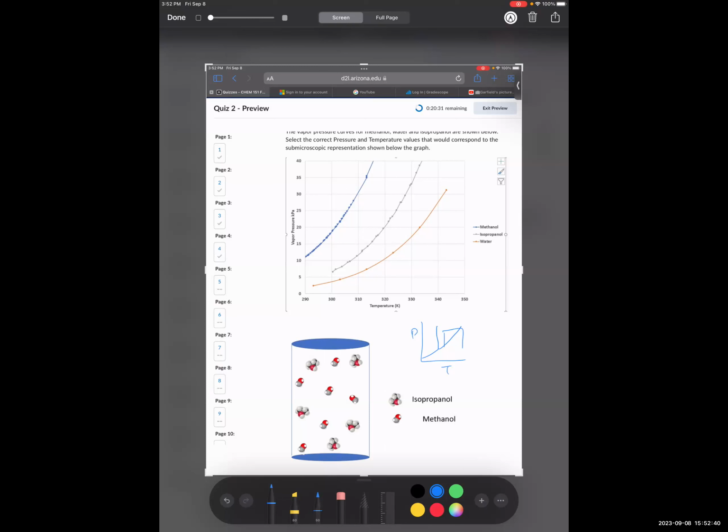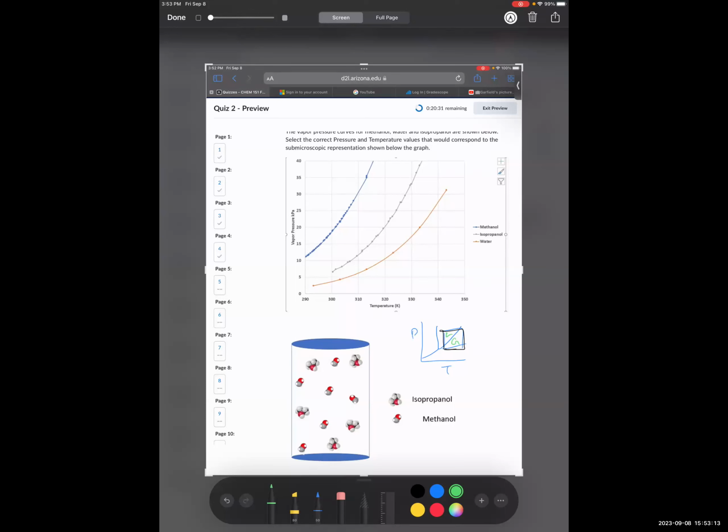So this is the vapor pressure curve, the liquid-gas boundary. Above this curve we have the liquid and below you have the gas. That's all you need to know here. If all of my substances are in the gas phase, that means my conditions must be below all the lines.